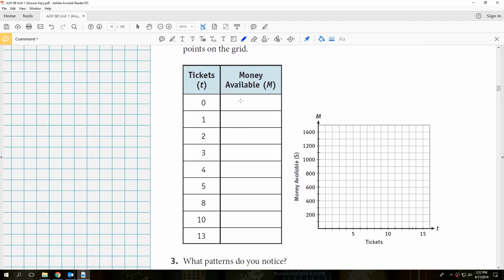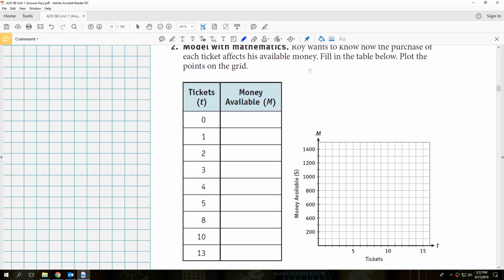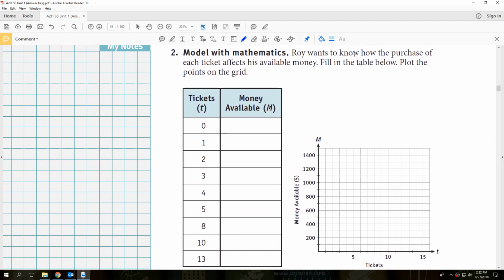All right, so again, this one is performance, right? So again, not really clear here. They want to know the purchase of each ticket. So really, we're just talking about performances here. They could have been a little bit more clear on that.